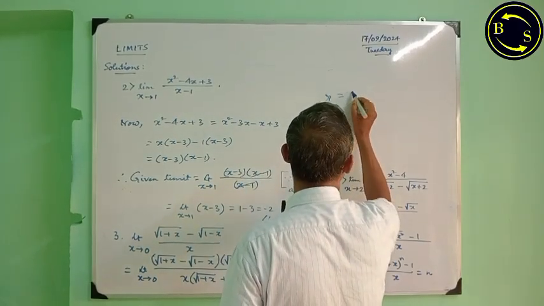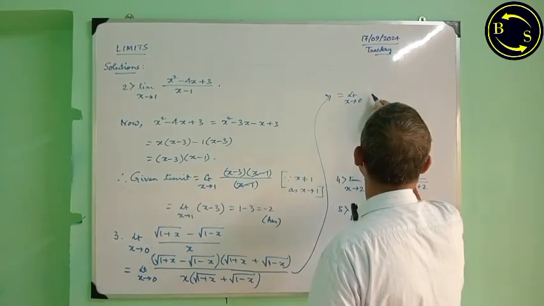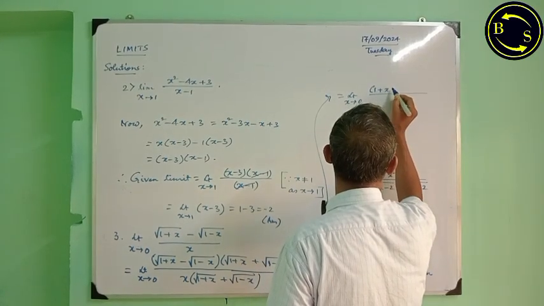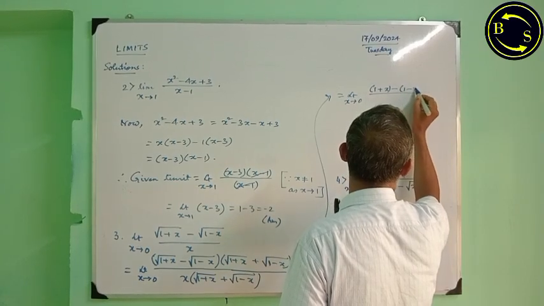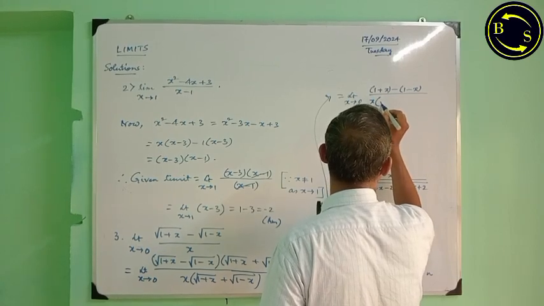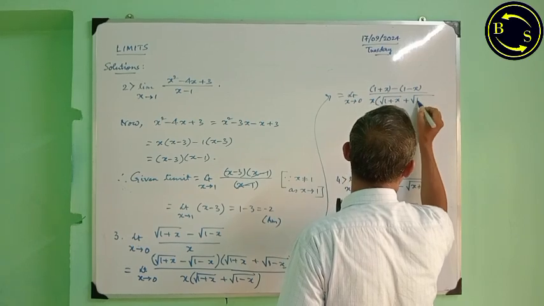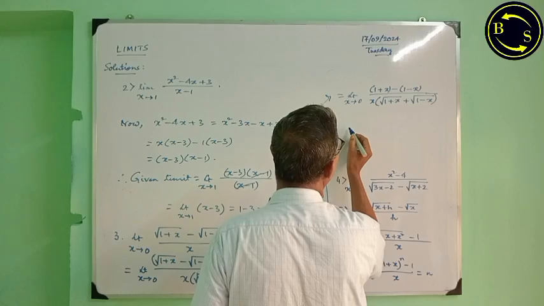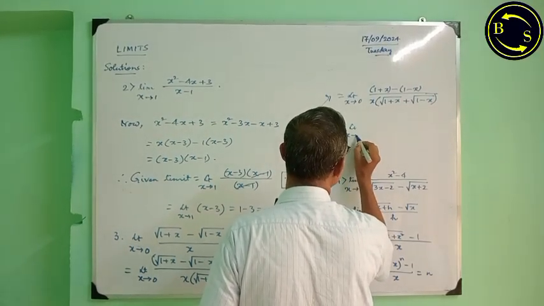That will be equal to limit x tends to 0, and here the product will be 1 plus x minus 1 minus x, and the denominator is the same. Limit x tends to 0.